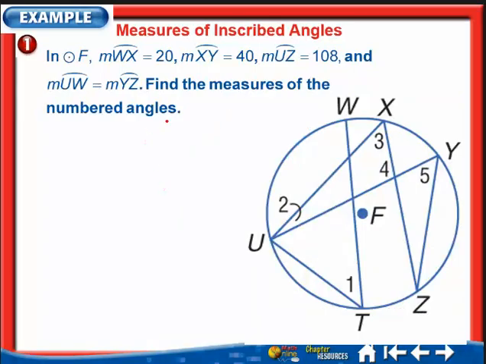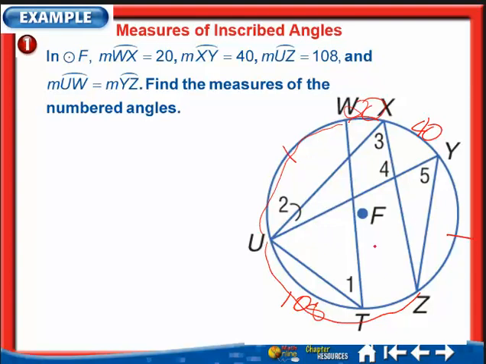So let's work some problems. If the arc WX, so we've got to find that first, is 20, XZ here is 40, UZ all the way around here is 108, and UW from here to here equals, okay, so we're going to put some congruency marks here.